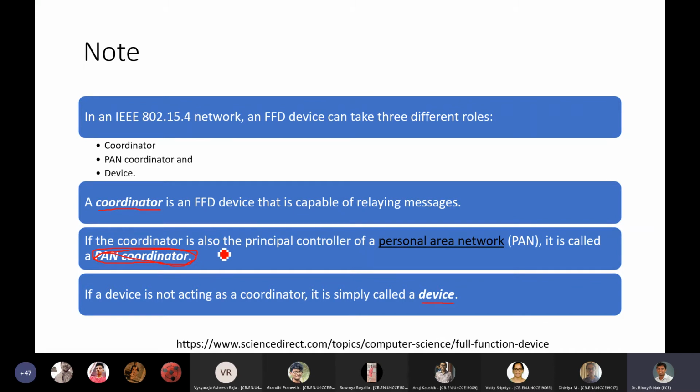Because we are looking at very small data rates, we cannot afford a lot of losses. The better idea is that we can tolerate latency, but it is a better option to schedule the transmission and reception of data. That is why the concept of the PAN coordinator becomes very important. Does it make sense?